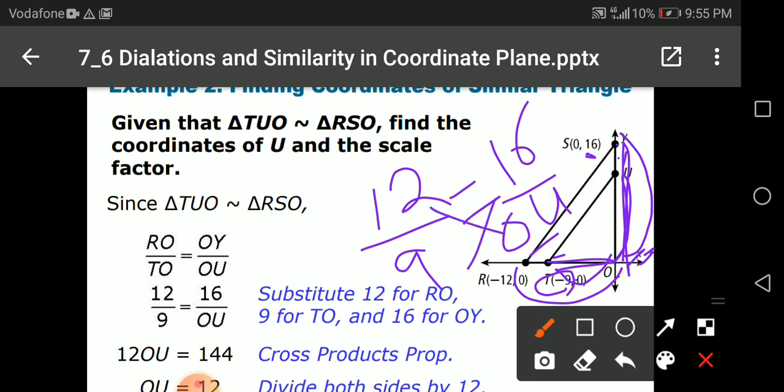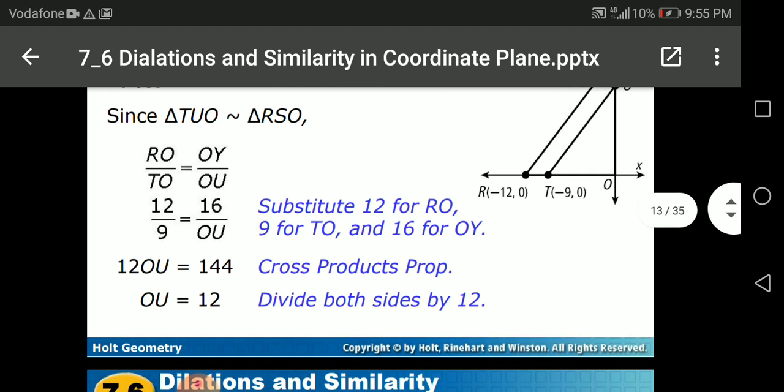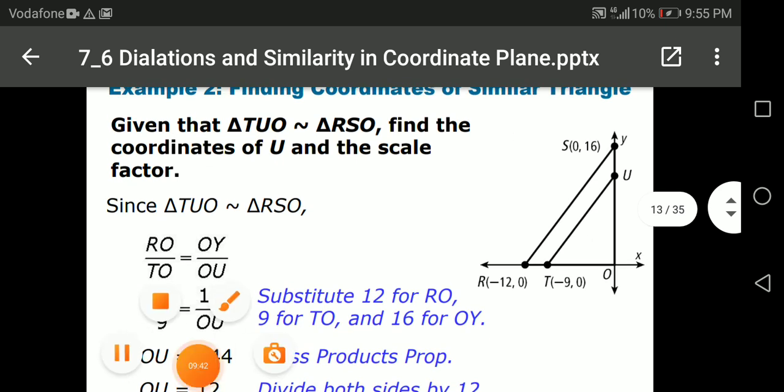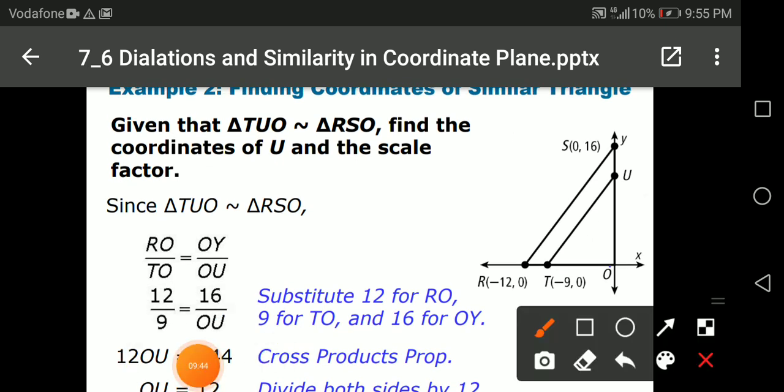Cross multiplication: 9 times 16 equals 12 times OU, then you get OU equals 12. So OU is 12, this one is 16, this one is 9, and this one is 12.